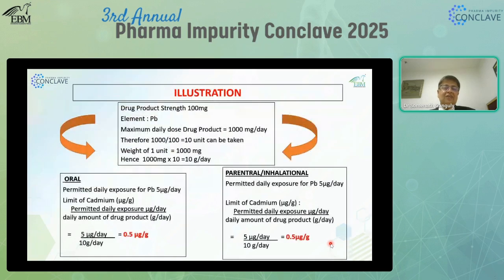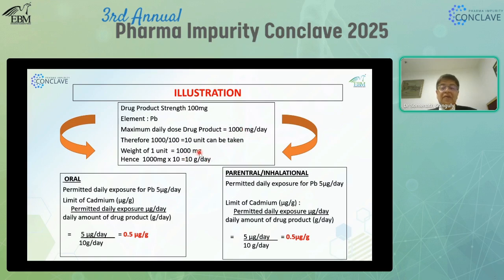It is once again one illustration. Suppose one drug product strength is 100 mg. Say consider lead as an element. Maximum daily dose of the drug product is say 1000 mg per day. So 1000 mg and the strength is 100 mg means how many units do you have to take, tablet or capsule? 10 units. Suppose 1 unit weight is 1000, then you have to calculate that it is 10 gram per day.